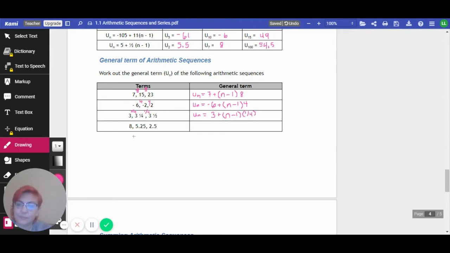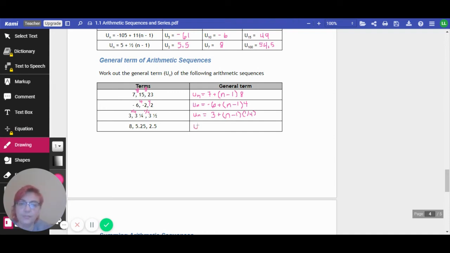Last one. 8 to 5.25. I believe that's 2.75. I'm going to check on my calculator. 8 minus 5.25. Yep, 2.75. Let's double check. 5.25 minus 2.5, 2.75.